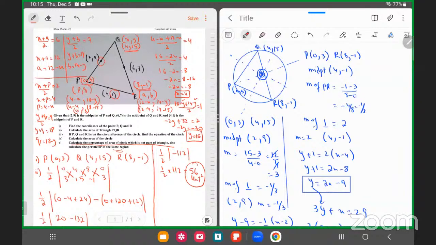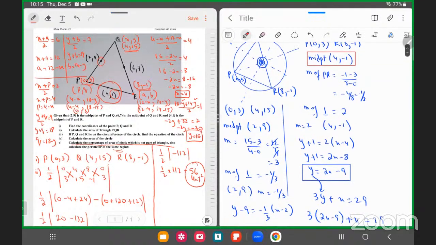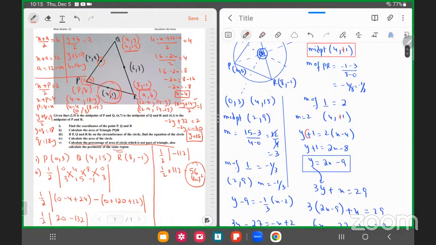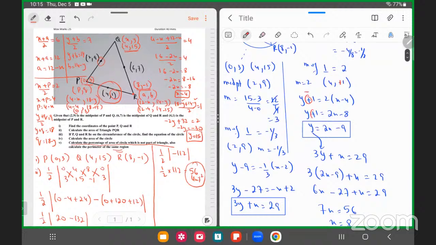And if midpoint is 4 comma 1, then this is y minus 1, and this will turn out to be minus 8 plus 1, that is minus 7.